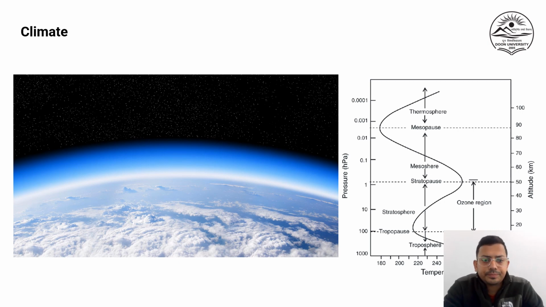Different atmospheric layers have different temperature and pressure gradients, and the variability of these in each layer is responsible for atmospheric dynamics. It's a complex phenomenon, but in this presentation we will try to understand it in a simpler manner.